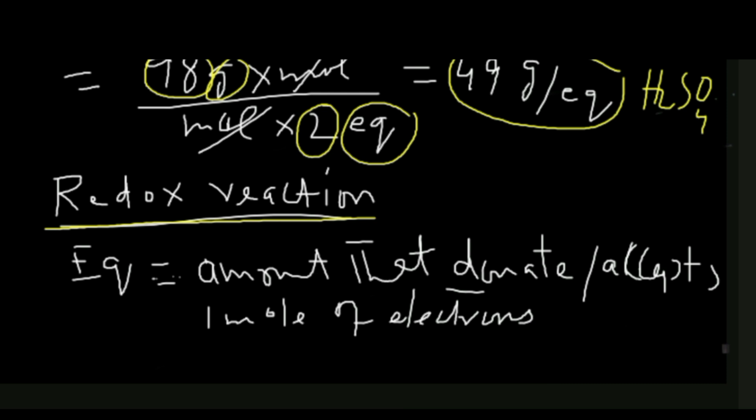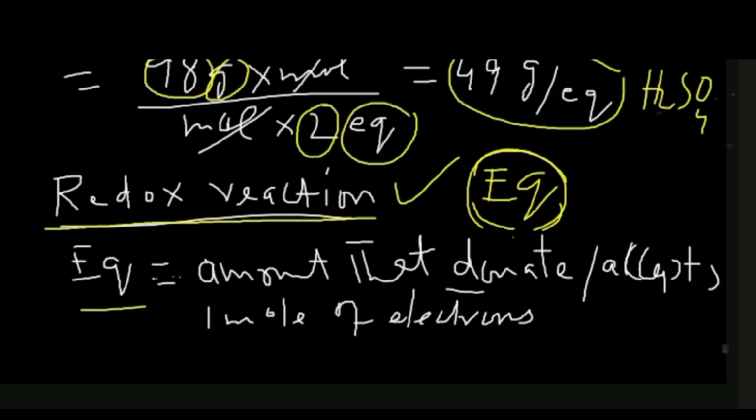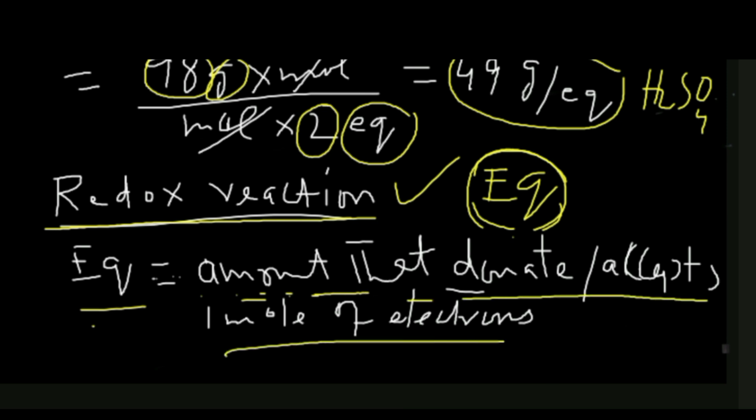The other one is the redox reaction. In the case of normality, we will determine the equivalence of redox reactions. In order to determine the equivalent in a redox reaction, the equivalent will be equal to the amount that donates or accepts 1 mole of electrons.